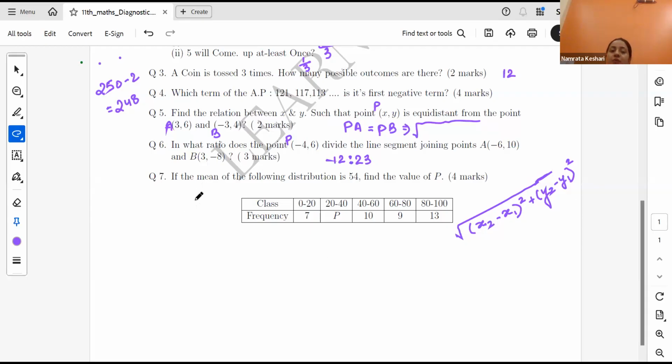Okay. The next one. If the mean of the following distribution is 54, find the value of P. You can use the direct method for finding, sigma fi xi by sigma fi.